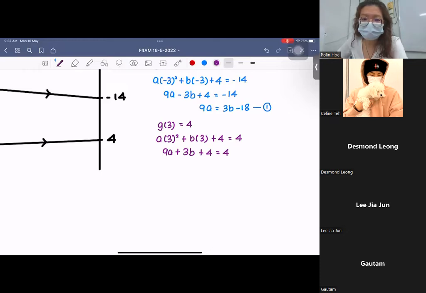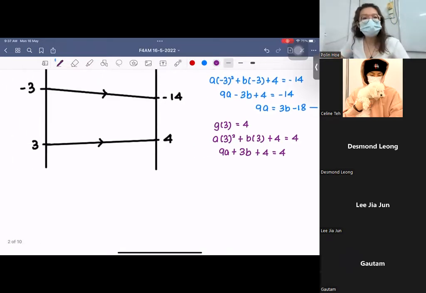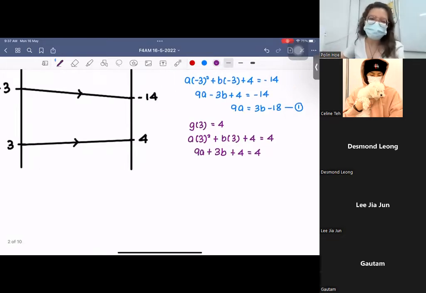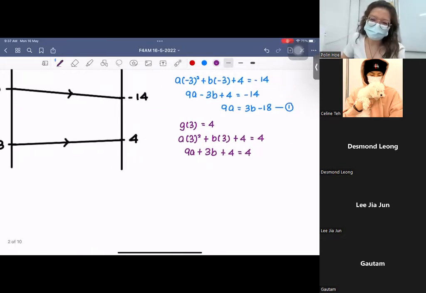Now, do you know why I start my equation 1 at 9a instead of a? Because you have to be sensitive enough to all the numbers. Of course, if you start at a, you still can get the answer.